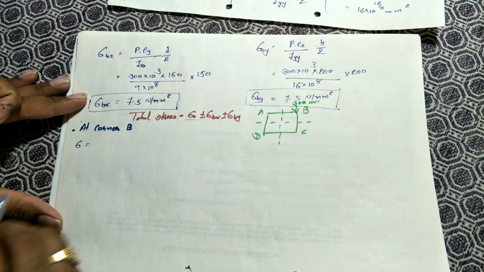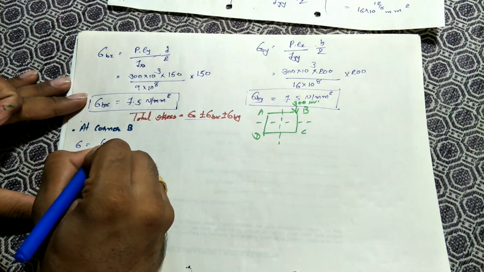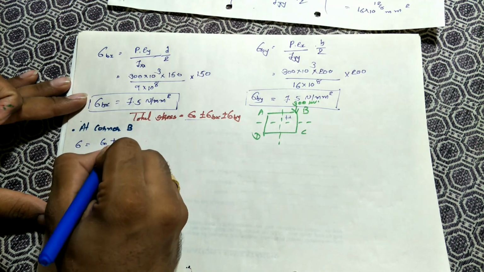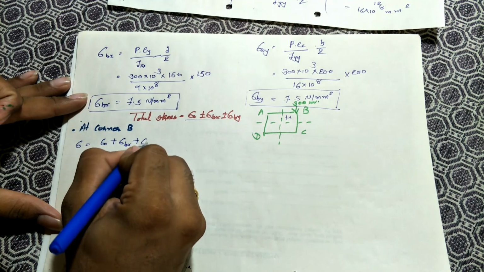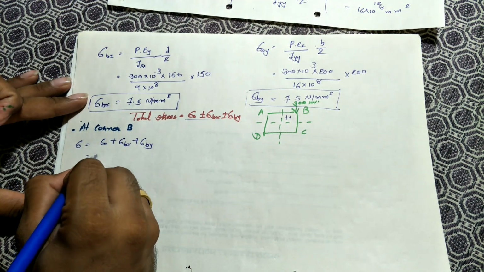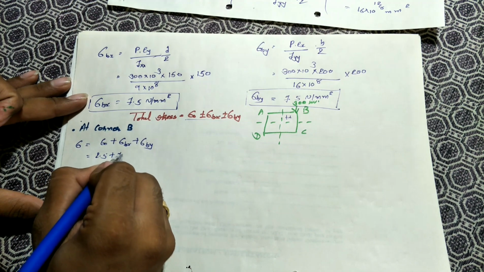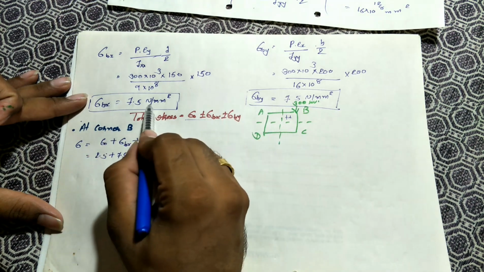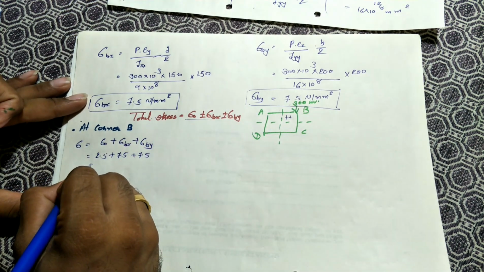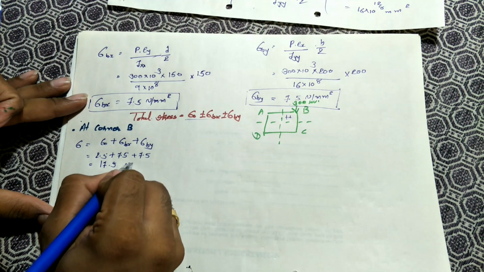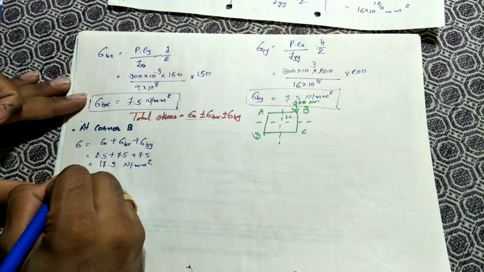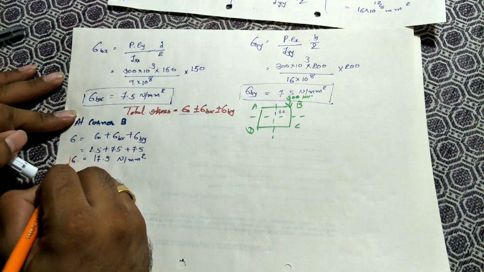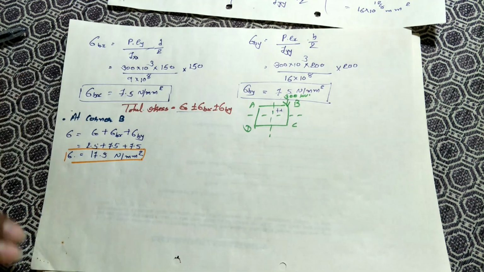Stress at B equals sigma 0 plus, first quadrant at B, plus sigma Bx plus sigma By. So this is 2.5 plus 7.5 plus 7.5. Both values are the same, 7.5, 7.5. So this answer is 17.5 Newton per mm square. The first answer we are getting at corner B is 17.5.